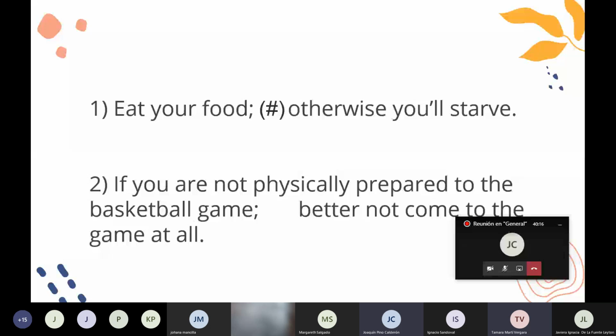Now in the second sentence, by this point, by the pattern, you should know where to put the double cross. That is after game, right? So yes, the double cross goes after game.